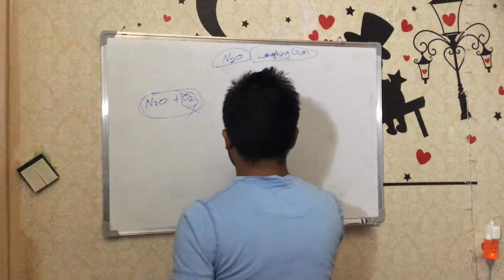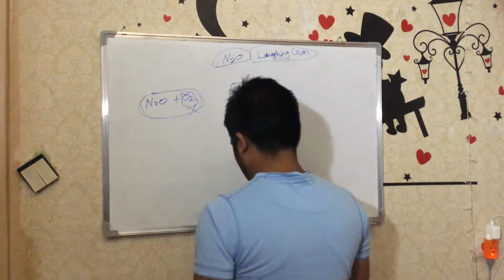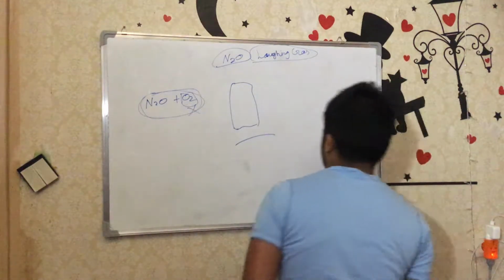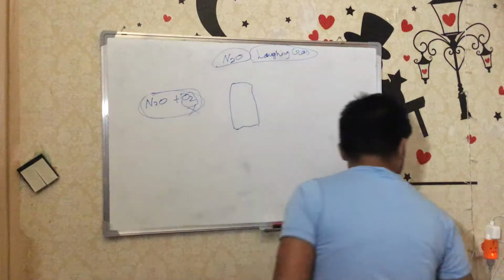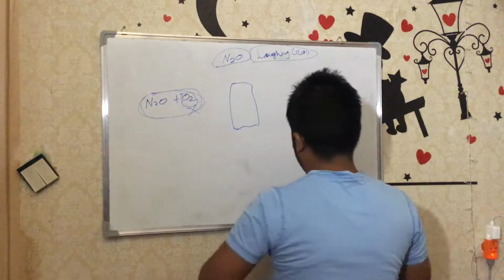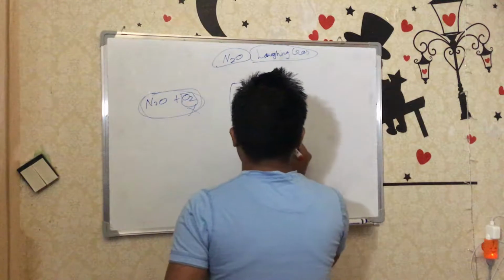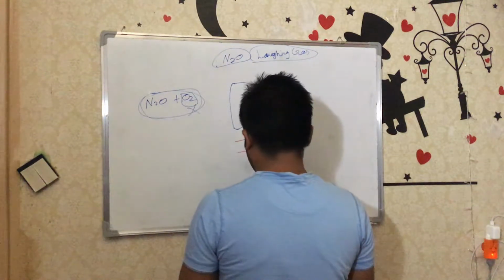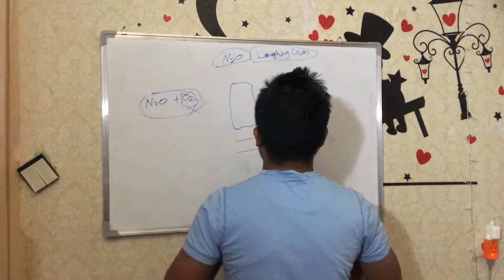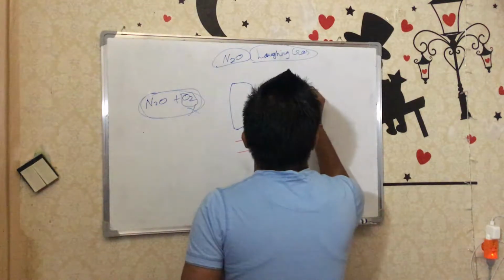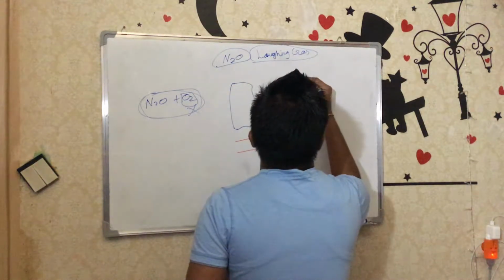This is our lungs, the blood vessels, and this is our CNS.